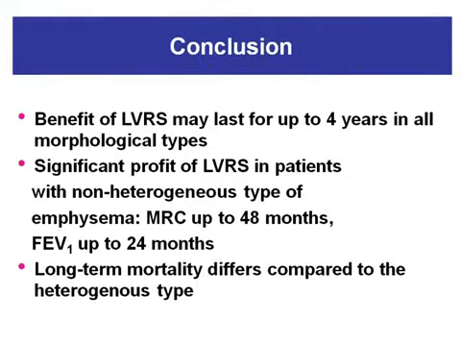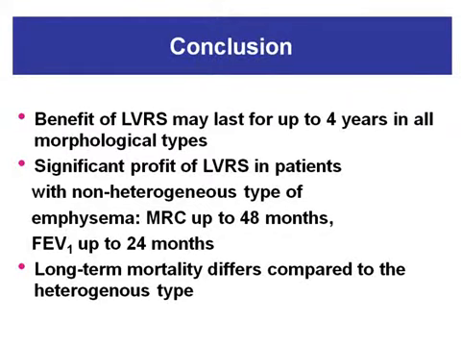So based on our experience, and unfortunately I cannot show you other data from the literature because I just couldn't find large patient data from other groups in this subset of patients, we concluded that the benefit of LVRS may last for up to 4 years in all morphological types.